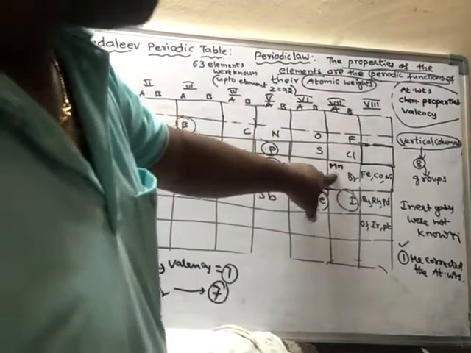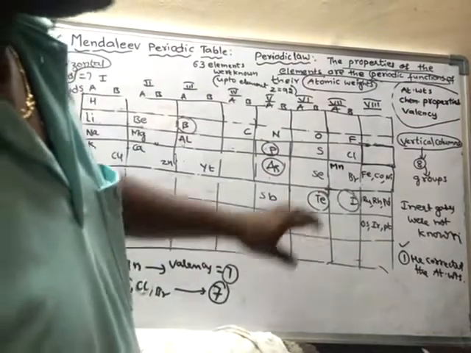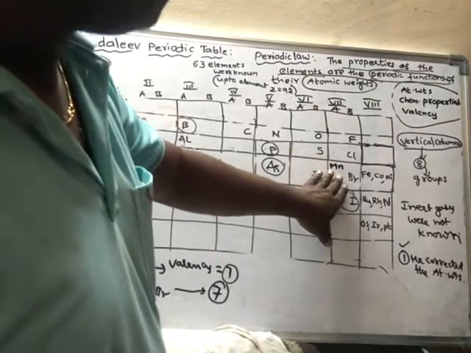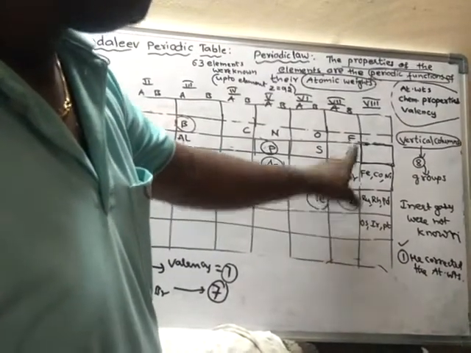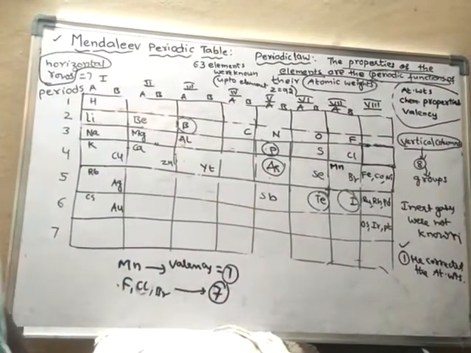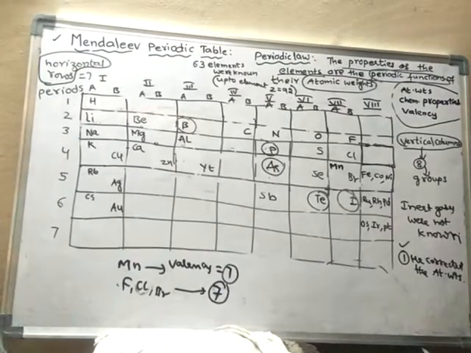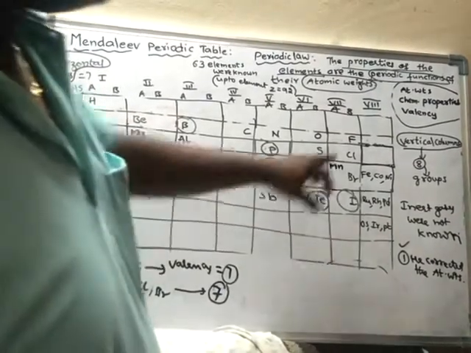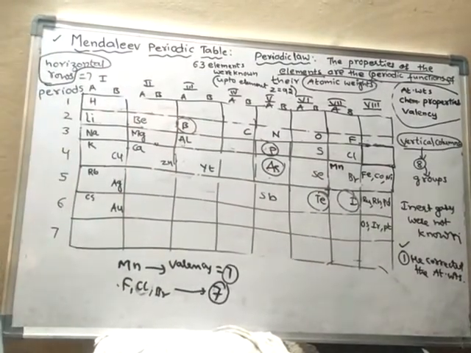That means manganese was placed wrongly in seventh group. That means dissimilar elements are placed together. So that is one of the defects of Mendeleev periodic table. In Mendeleev periodic table, dissimilar elements are also placed in the same group. It should not be done.